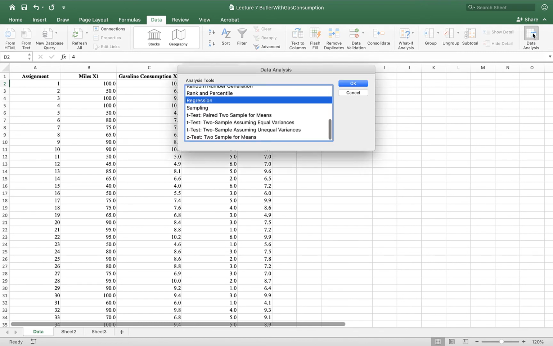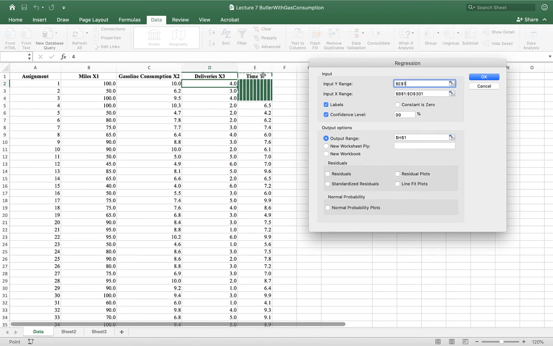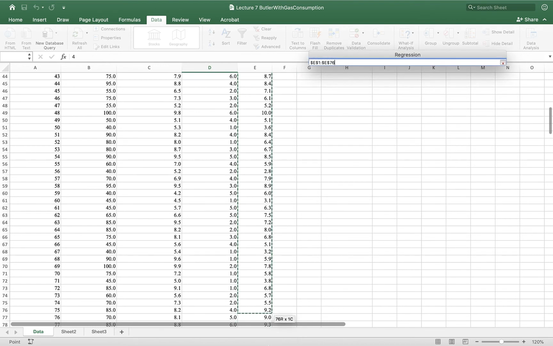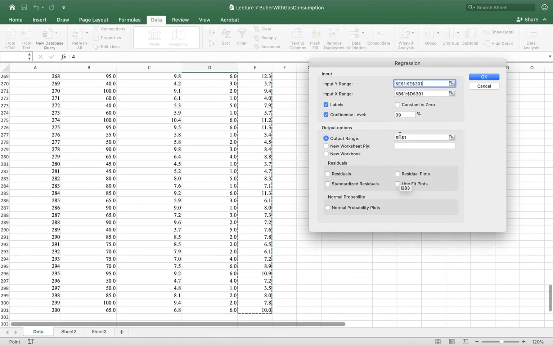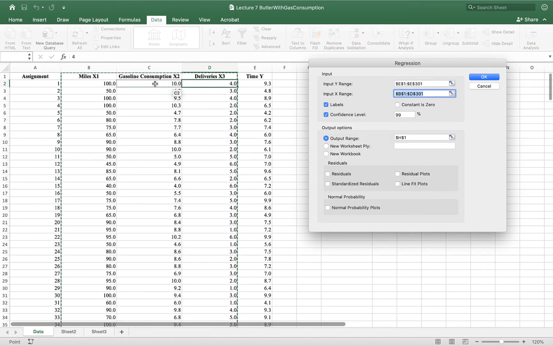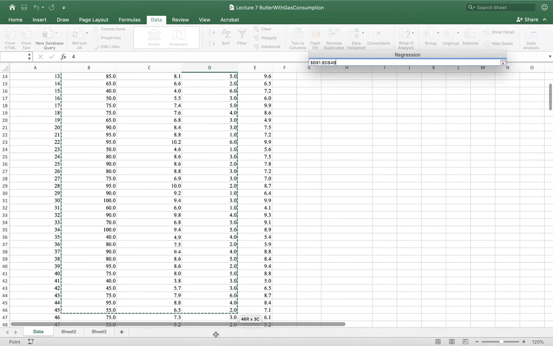So let's go into data analysis, regression again, and our y range is just going to be all this. And our x range is going to be all our x put in together. So this is our x, go all the way down.